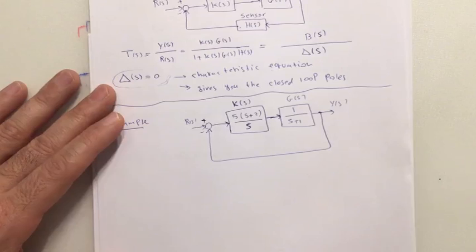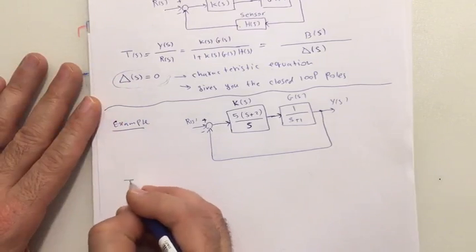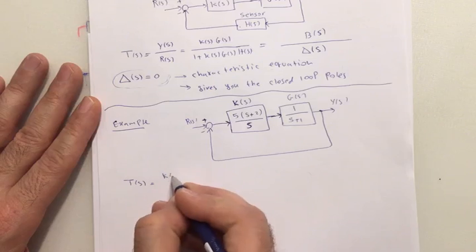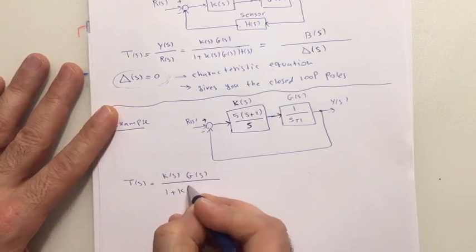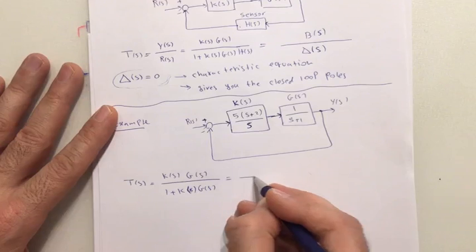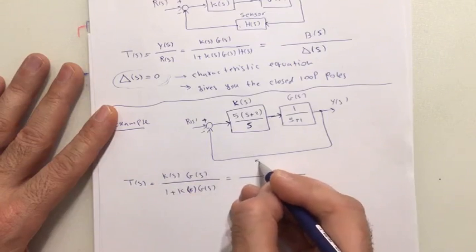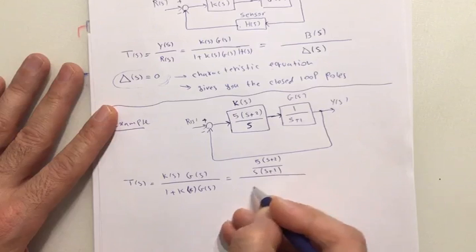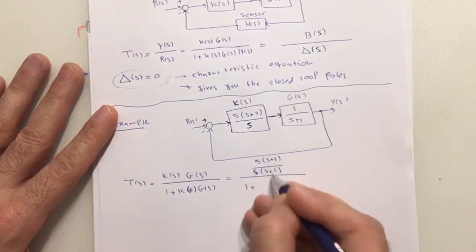As I said, we should form the closed loop transfer function T of s, which is K of s G of s divided by 1 plus K G. If you multiply that out, in the numerator we have KG, which is 5 multiplied by s plus 2 divided by s multiplied by s plus 1. In the denominator we have 1 plus the same fraction.